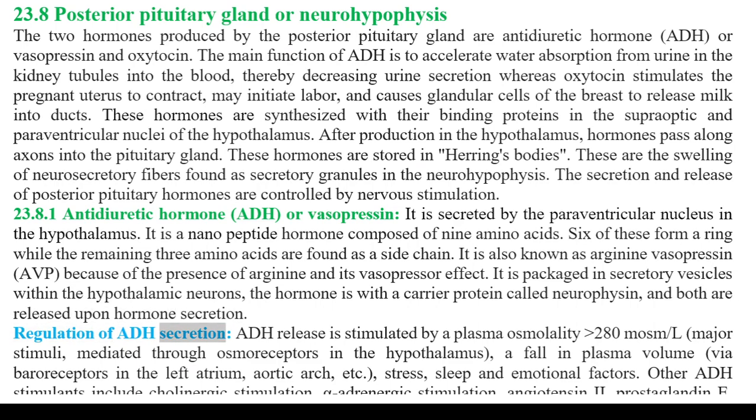Regulation of ADH secretion. ADH release is stimulated by a plasma osmolality greater than 280 mosm/L, the major stimulus, mediated through osmoreceptors in the hypothalamus; a fall in plasma volume, via baroreceptors in the left atrium, aortic arch, etc.; stress, sleep and emotional factors.